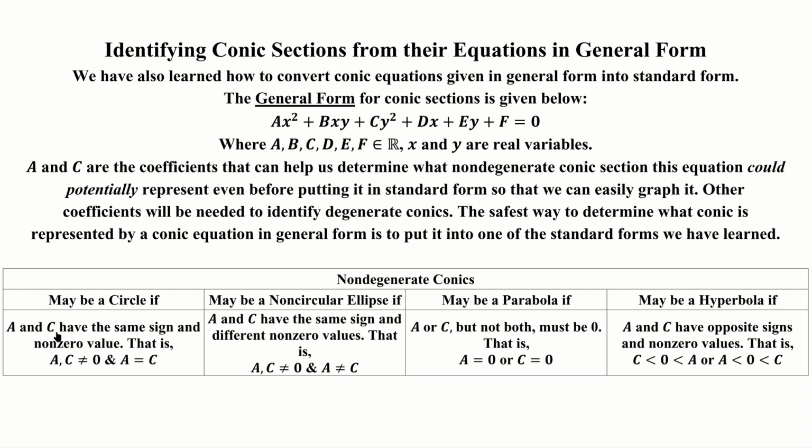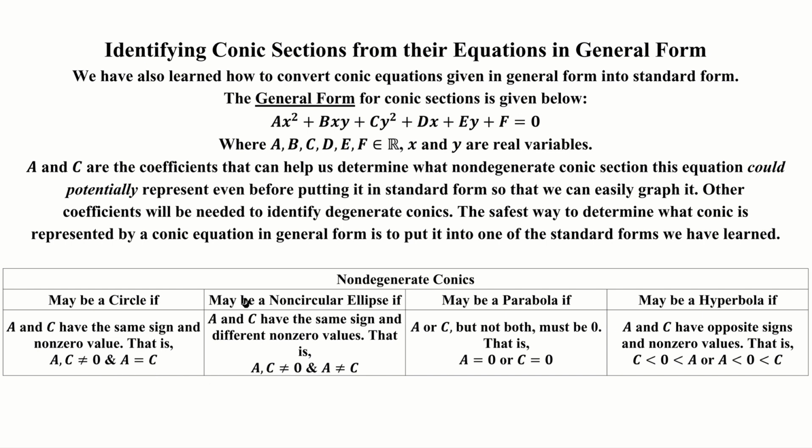If a and c, which are the coefficients of the square terms, happen to be the same, there's a high probability that the conic will be a circle. And basically what we want to have is that they should not be 0 and they should be equal.